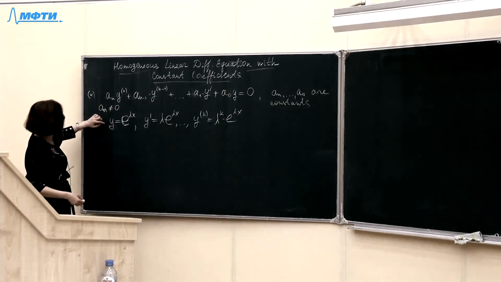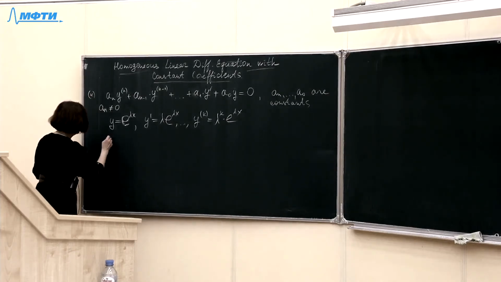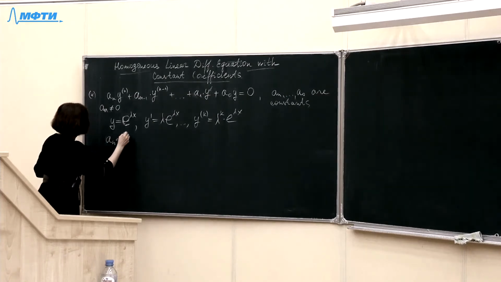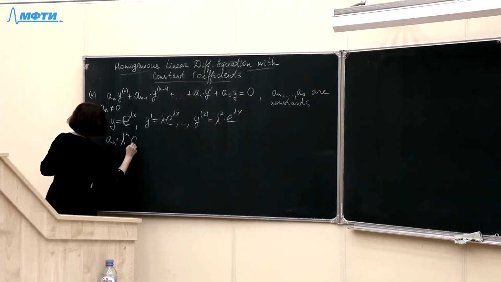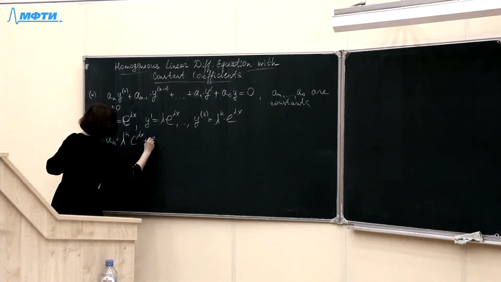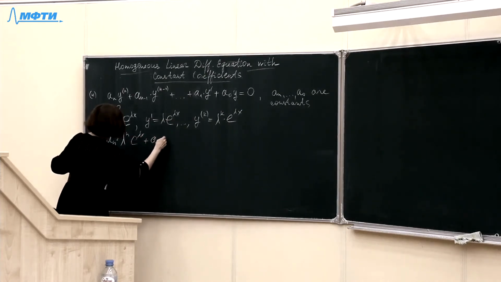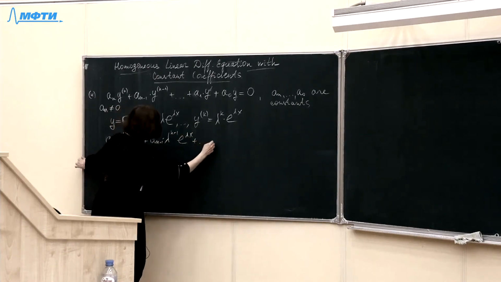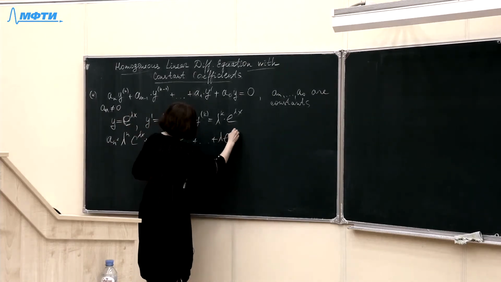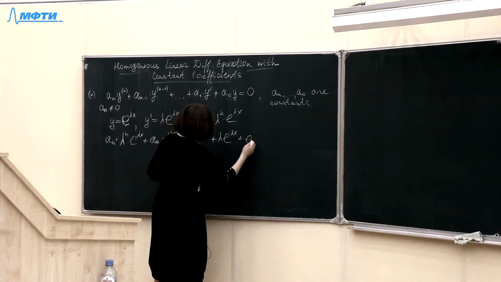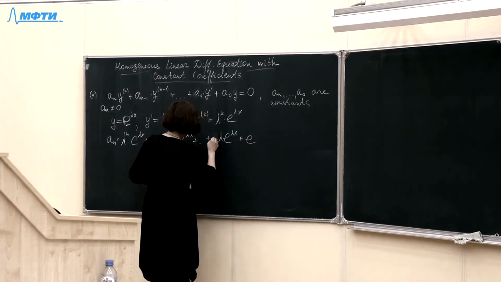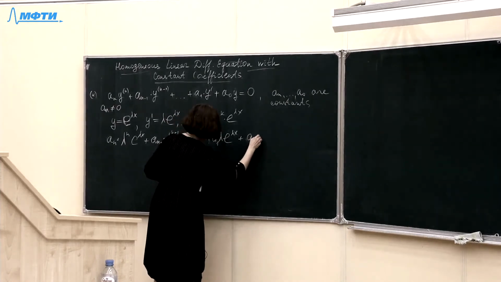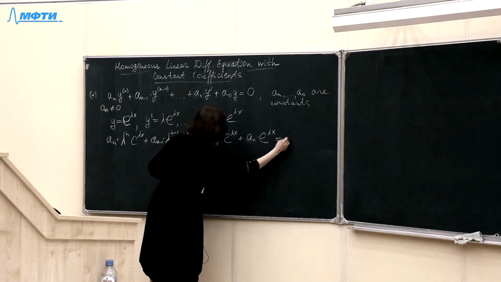And now on substituting this into the original equation, we will get a_n times lambda to the power n e to the power lambda x plus a_{n-1} times lambda to the power n minus 1 e to lambda x plus and so on, plus a_1 lambda e to lambda x, plus a_0 times e to lambda x equals 0.